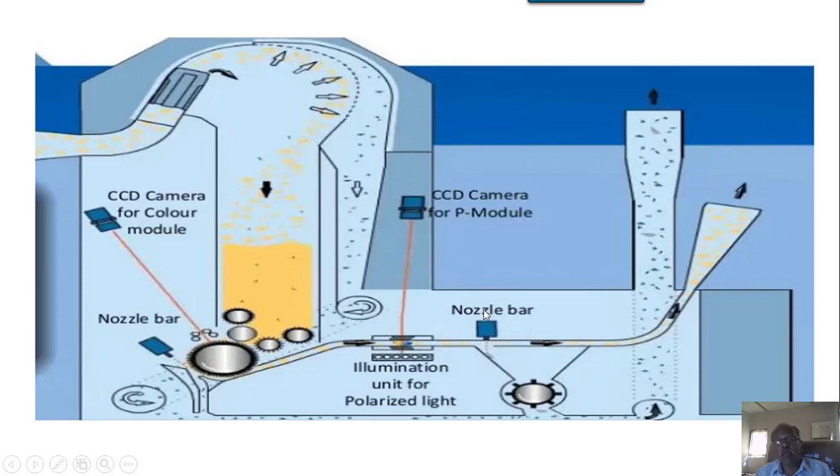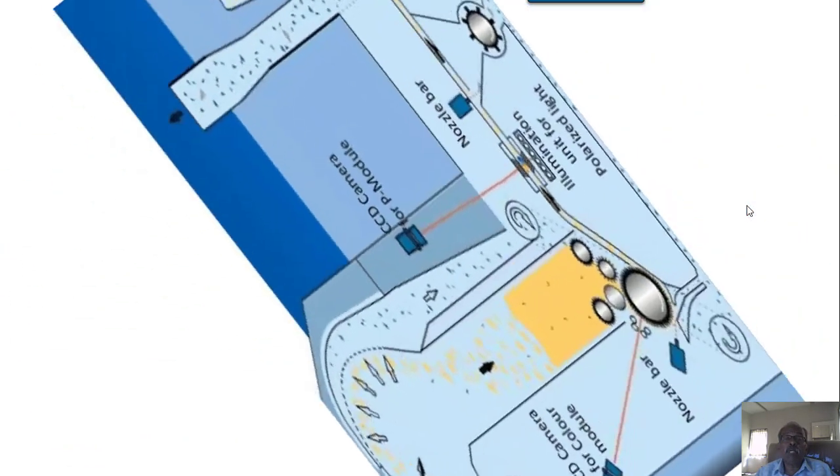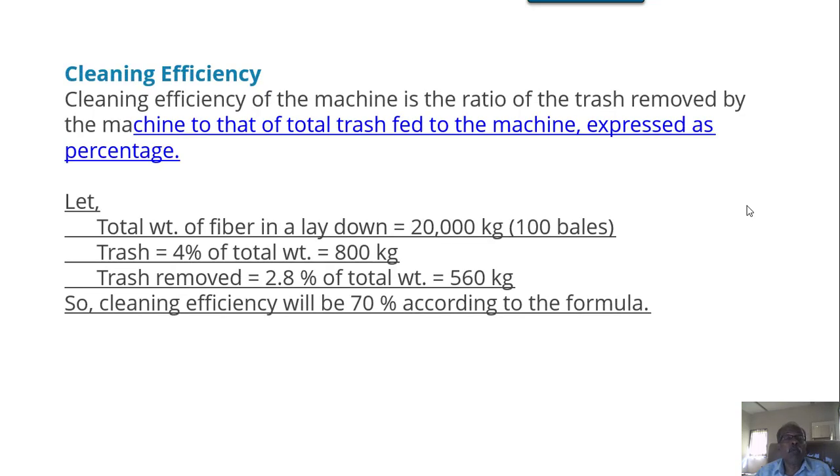A single nozzle line or double nozzle line is present there, and after dislodgement of that foreign fiber portion, these opened tufts will move ahead. So this is a foreign fiber detection device that is placed in this modern blow room line, and then this opened up material will go in the carding department.